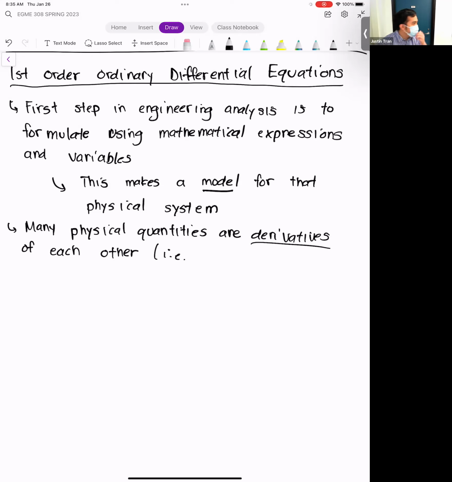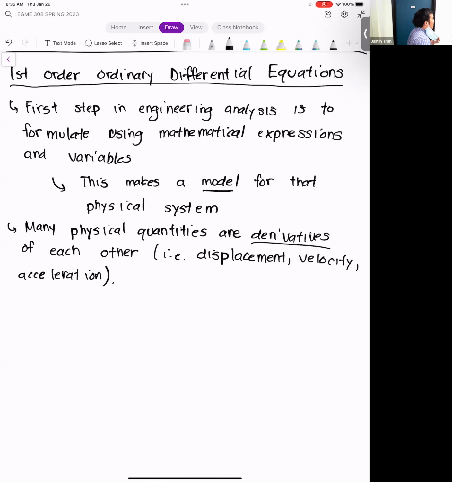As an example, probably the first one that people learn is the relationship between displacement, velocity, and acceleration. All three of these are derivatives of each other. The velocity is the derivative of displacement, and acceleration is the derivative of velocity. That means acceleration is the double derivative of displacement.